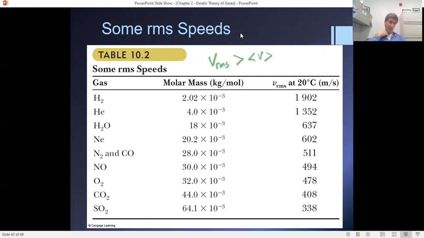So the RMS speed is probably a better way to relate to energy, whereas the average speed is a better way to relate to the speed of sound. So even though our RMS speed for nitrogen is about 511, the speed of sound is closer to about 450 meters per second.